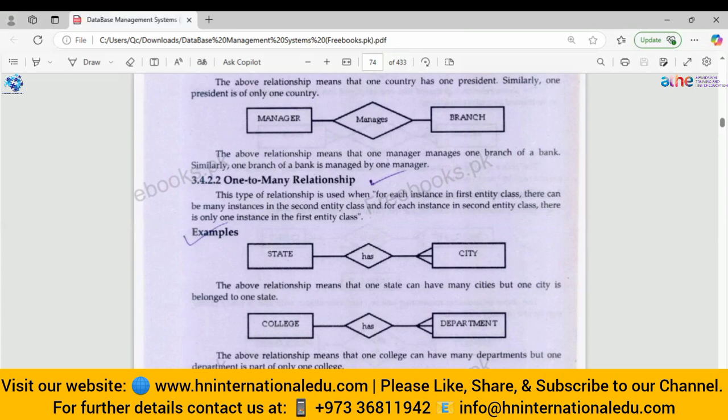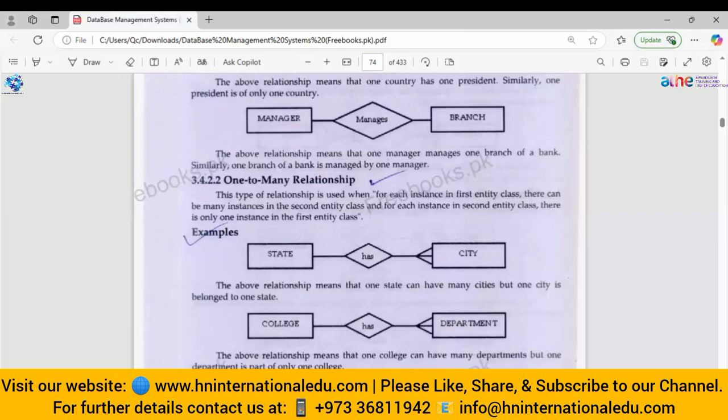But each department can be only in one college. We cannot have two or three same departments in that college. We have only one English department, only one maths department and others, but their quantity is one. So it means that one college can have many departments, but one department belongs to only one college. So that is the one to many relationship.